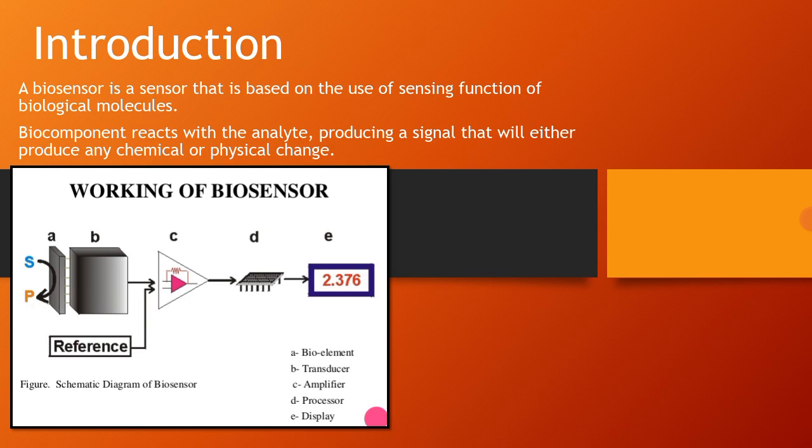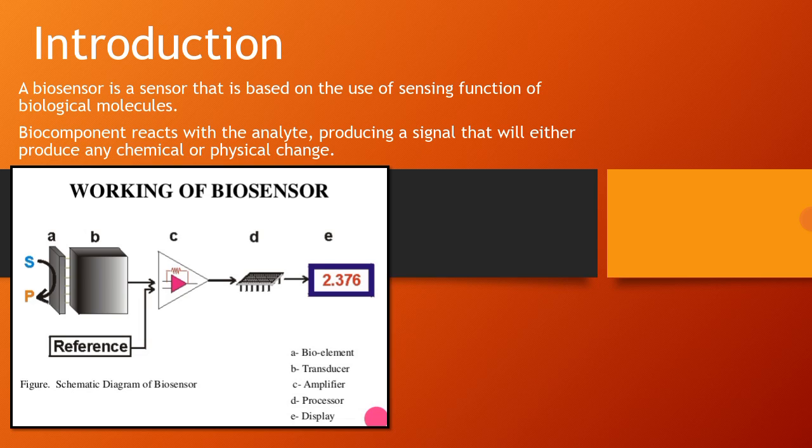Okay, now the biocomponent, that is any biological molecule that we are using for the sensing, reacts with the analyte, that is our substrate. The substrate which we want to test for, that is your analyte. And now after the reaction, that will produce the signal, and that signal will produce either a physical change or a chemical change.